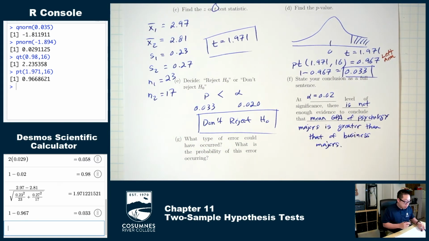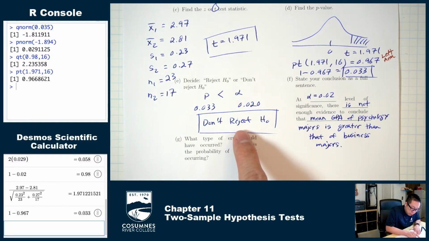Okay, and now to part G. What type of error could have occurred and what's the probability of this error occurring? Okay, so anytime you don't reject, you could be making what's called a type 2 error. So let's talk about type 2 error.